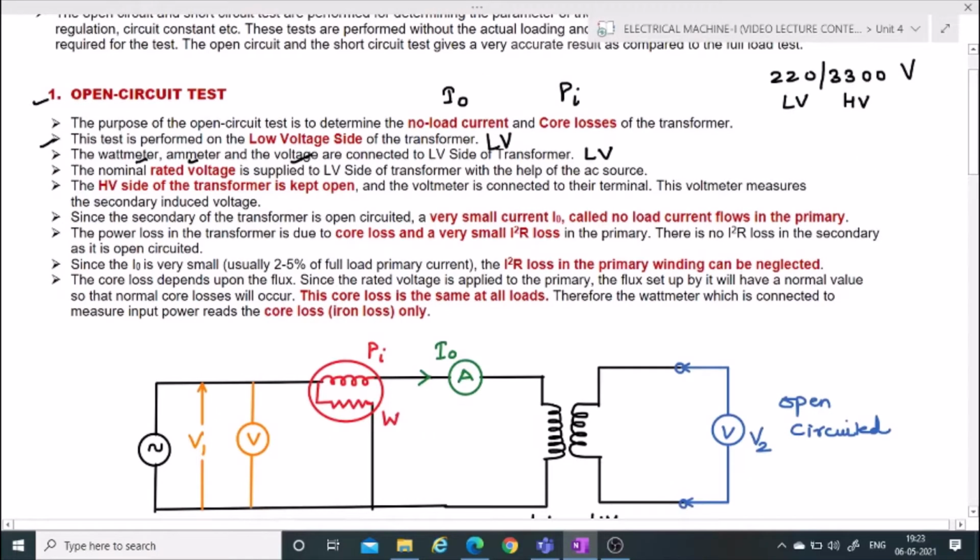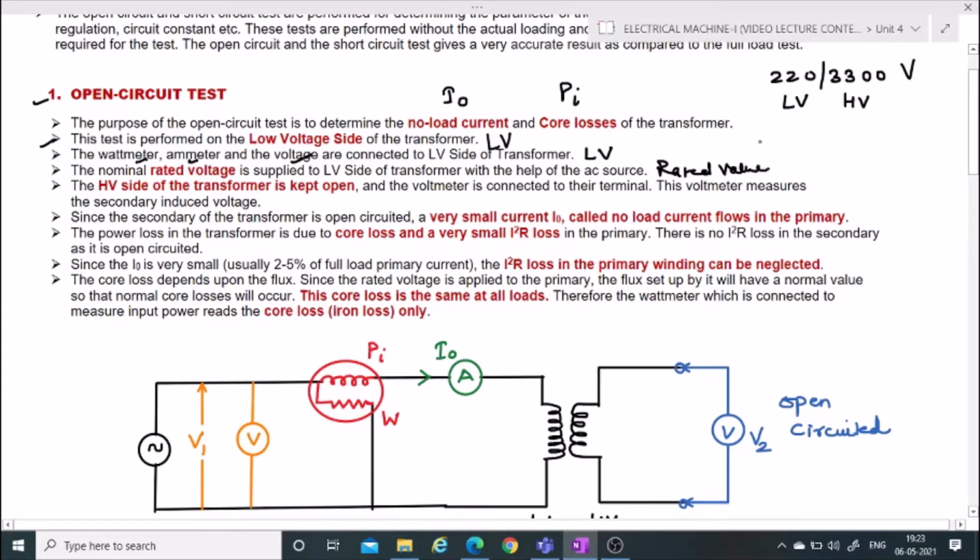Next, the input voltage given to the transformer while performing open circuit test is the rated value. We always perform this test on rated value.